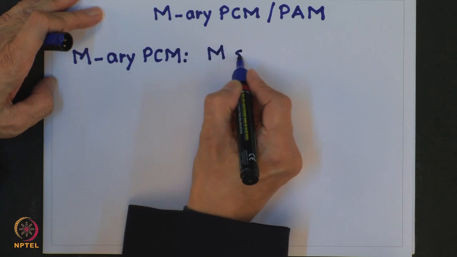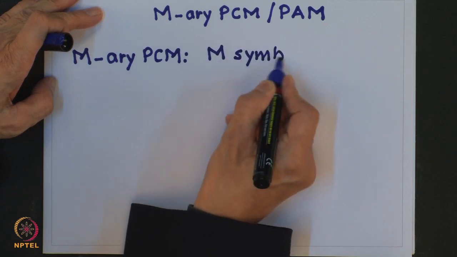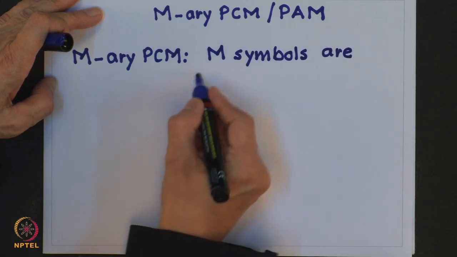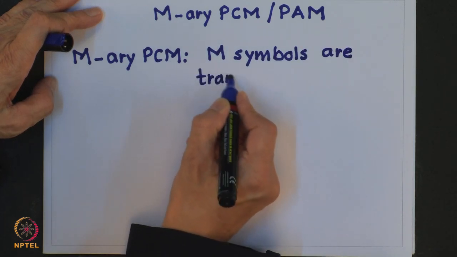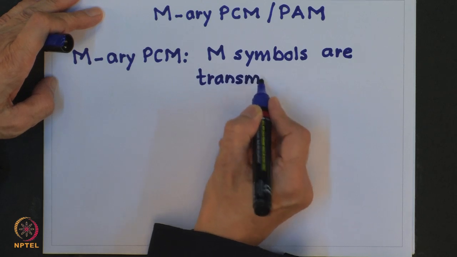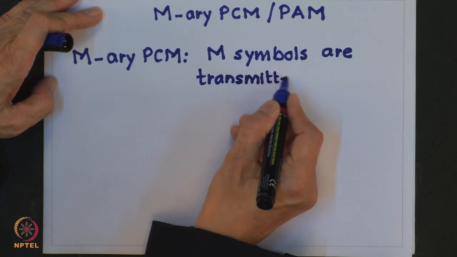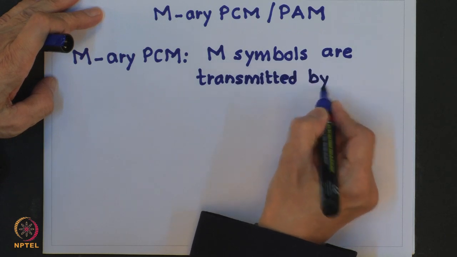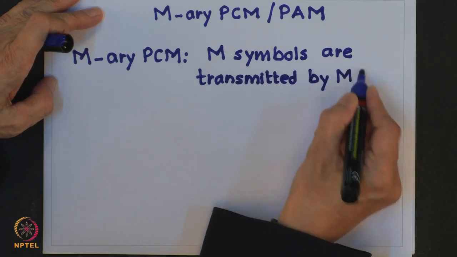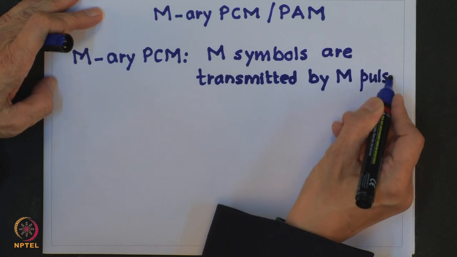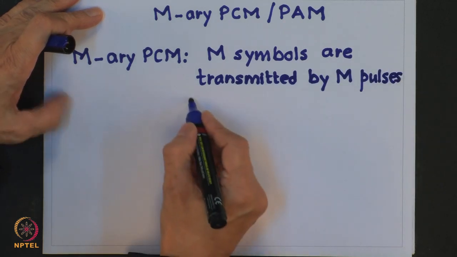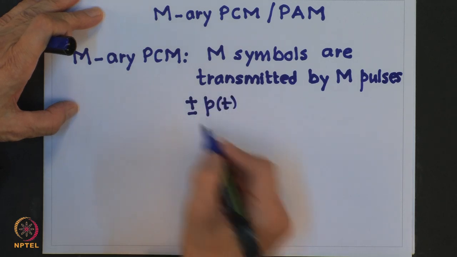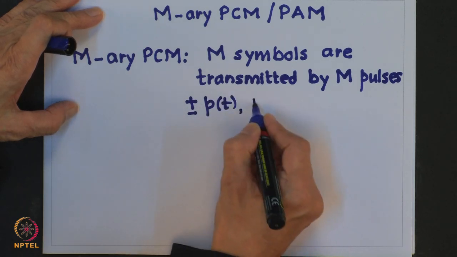M symbols, or messages, are transmitted by M pulses of the form plus minus p(t). p(t) is a waveform which we choose.